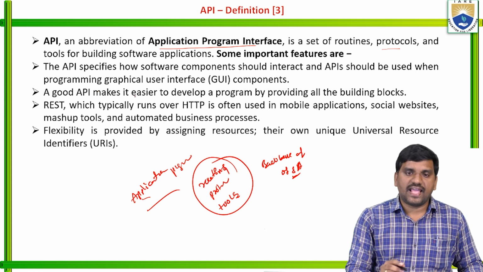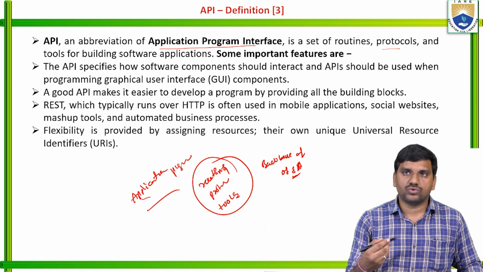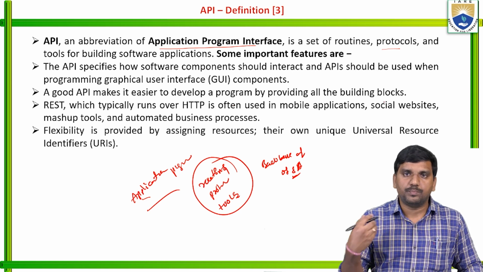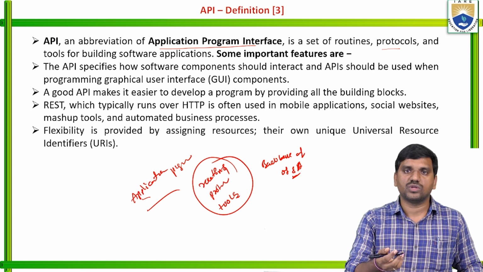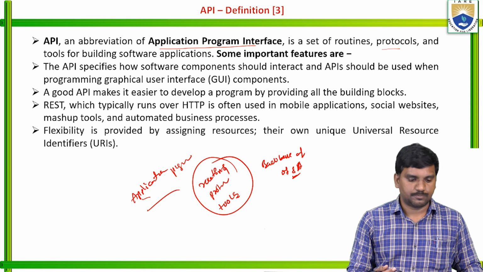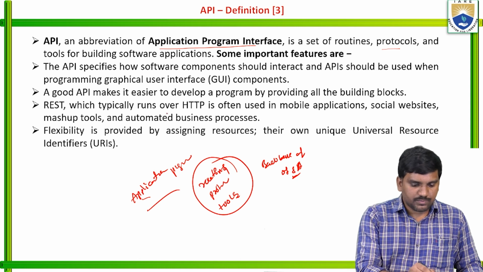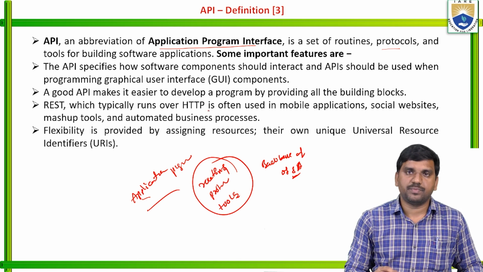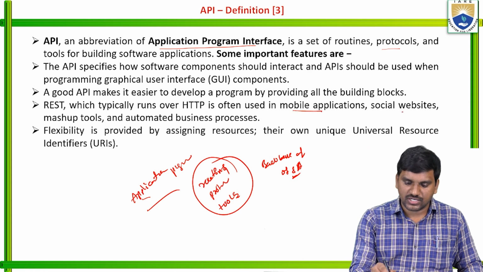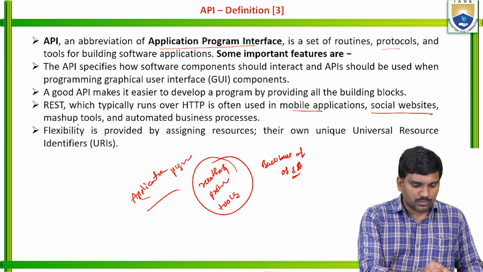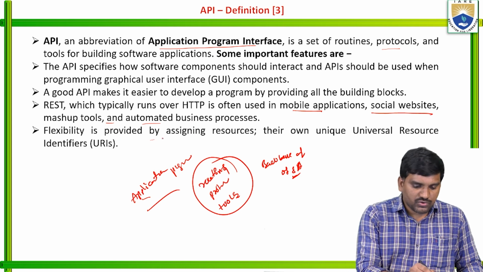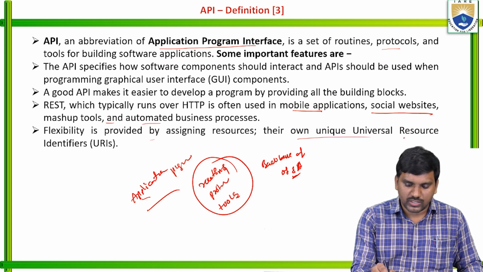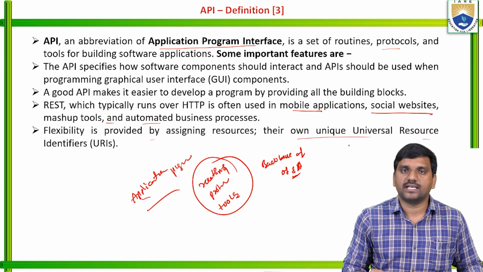A good API makes it easier to develop a program by providing all the building blocks. In order to build software components or a software application, we can use suitable API components. Next, REST, which typically runs over HTTP, is often used for mobile applications, social websites, mashup tools and automated business processes. Flexibility is provided by accessing resources through their own unique universal resource identifier.